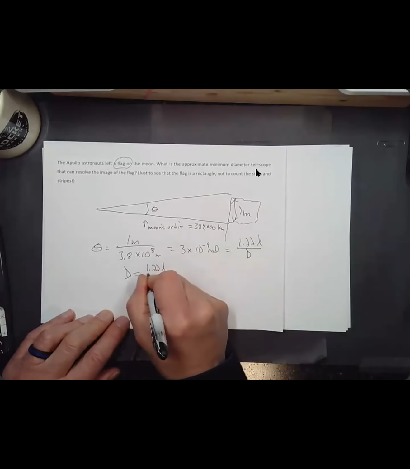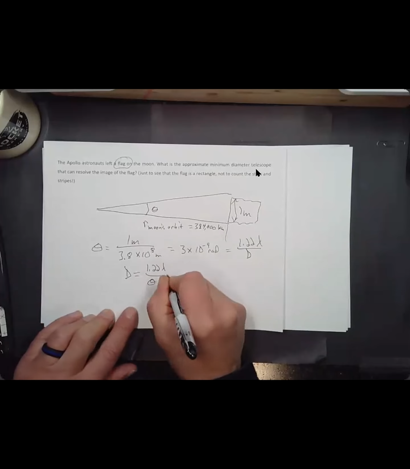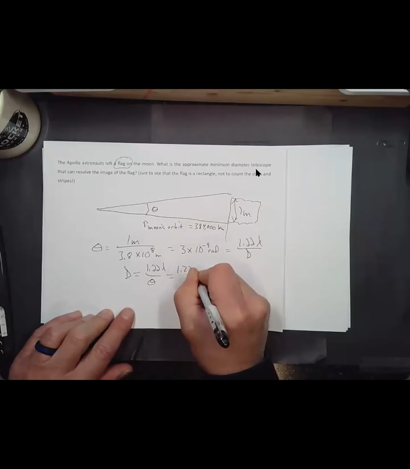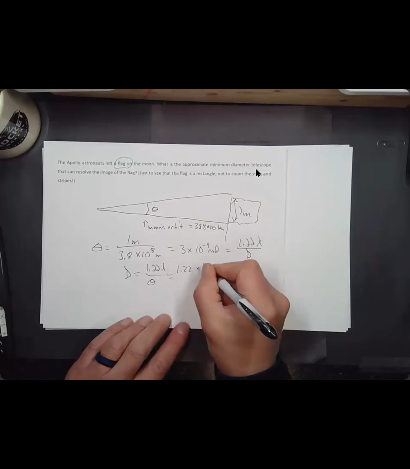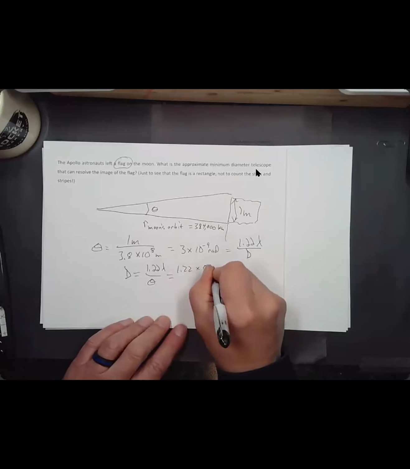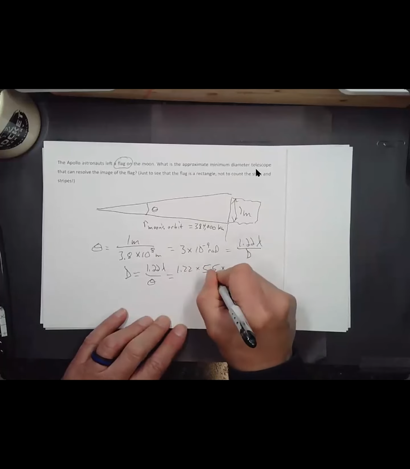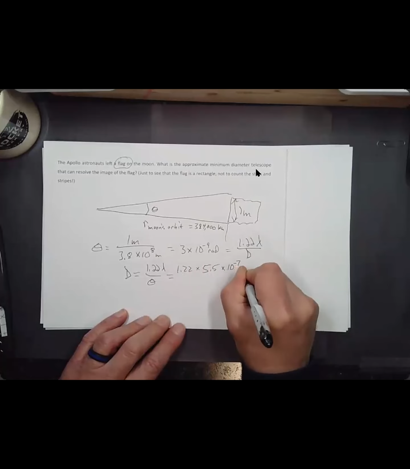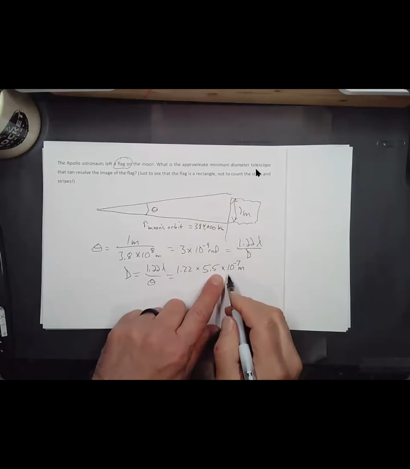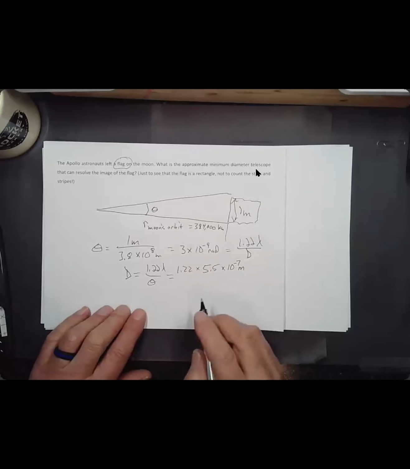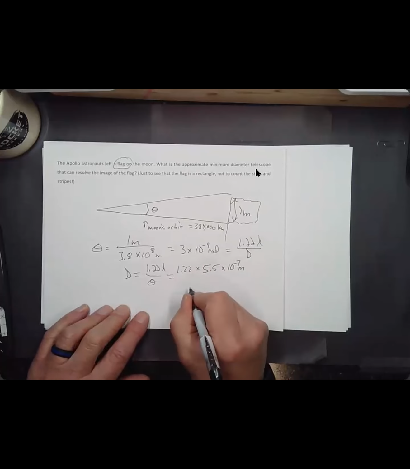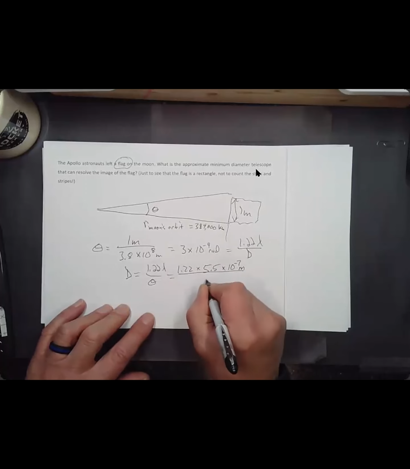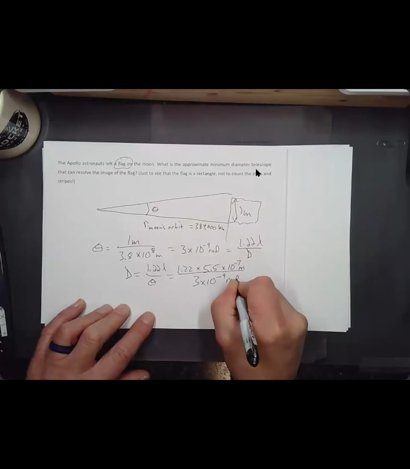1.22 times lambda divided by that angle theta, or 1.22 times, let's just pick the middle of the visible spectrum, 5.5 times, actually it'd be 5.5 times 10 to the minus 7th meters. That'd be 550 nanometers. If I did that, let's see, divided by our 3 times 10 to the minus 9th radians.